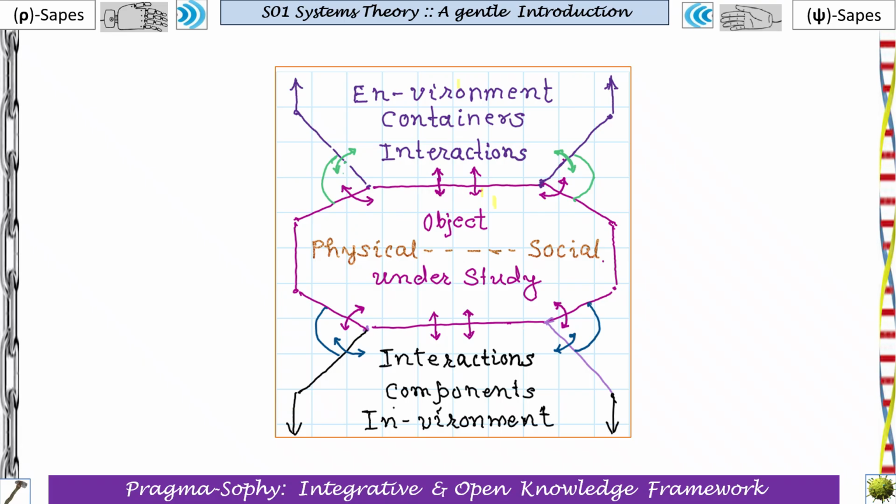Within the boundary, the system consists of components, smaller parts that interact to create the behavior of the whole. An aeroplane, for example, is a system composed of wings, engines, fuel systems, electronics, and the pilots.